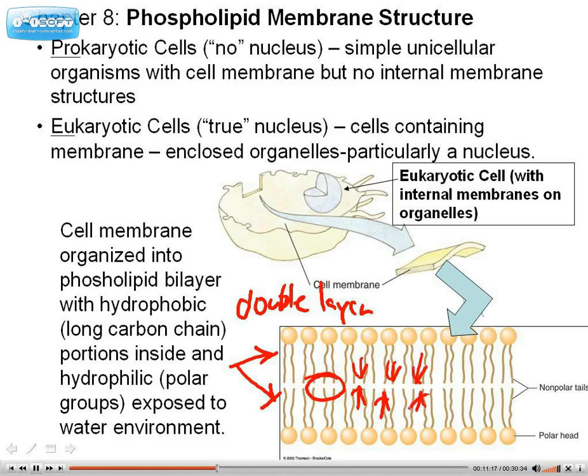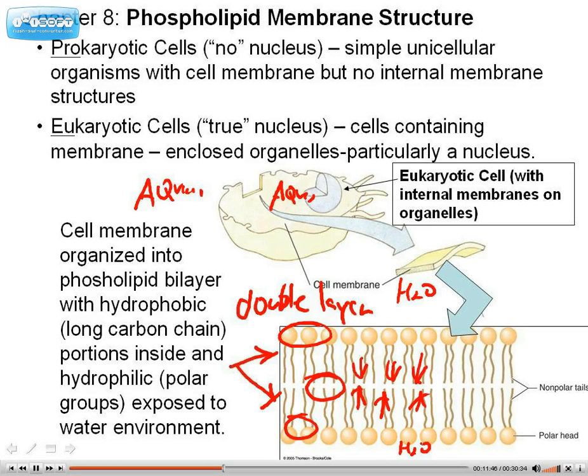And then the hydrophilic heads, the polar section, is going to be facing outward. On the inside of the cell, it's very aqueous. On the outside of the cell, it's very aqueous. So this is why we have a double layer, so that on both sides, it's going to be facing water.